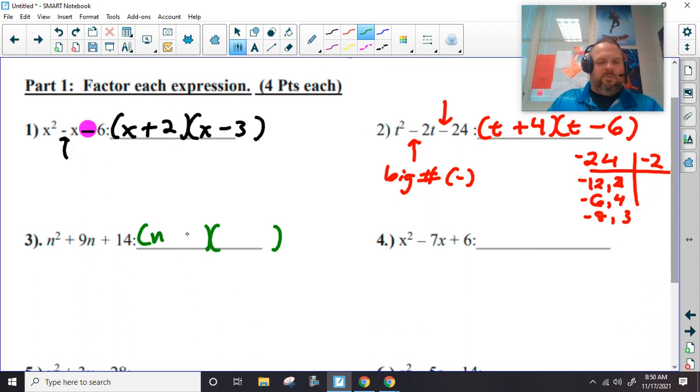Okay. We put our x's in. What does this sign tell us? This plus in front of the 14. Yep, they're going to be the same. This tells us they're what? Yeah, both positive or both plus.